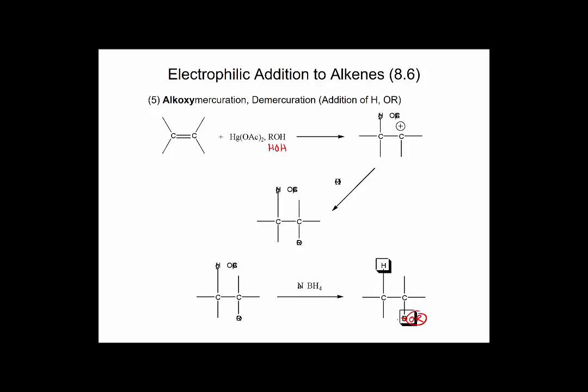So alkoxymercuration, demercuration, you're adding the mercury and alcohol, followed by sodium borohydride. What am I adding? An H and an OR. How? Markovnikov. How? Triangular intermediate of the mercury means they've added trans.